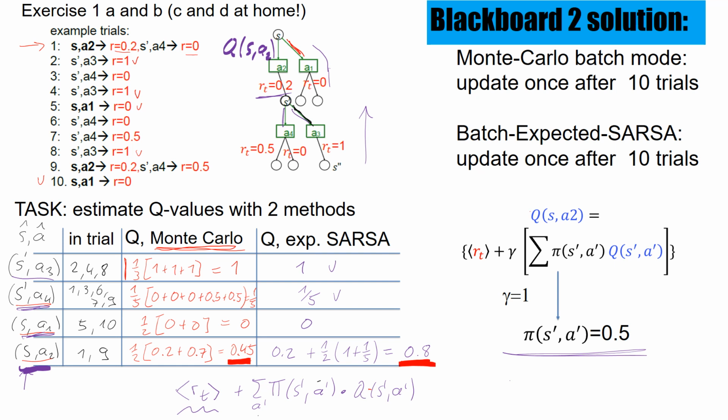If I assume that the branching ratios are equal, then the exact way would be 0.25 for those 2 and 1, and I have to average this. This would give 0.625. I would have to add this 0.2. So the 0.8 is much closer to the reality than the 0.45 I got from the Monte Carlo way of doing it.